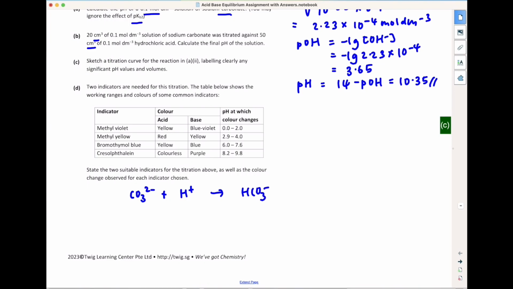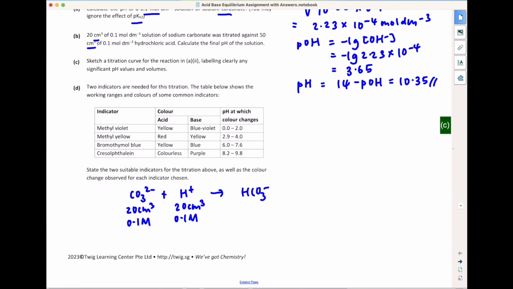You must see that the volume of H+ needed for the first equivalence point is: carbonate is 20 cm³ at 0.1 mol per dm³. Since the acid has the same concentration as the carbonate, to reach the first equivalence point I also need 20 cm³.